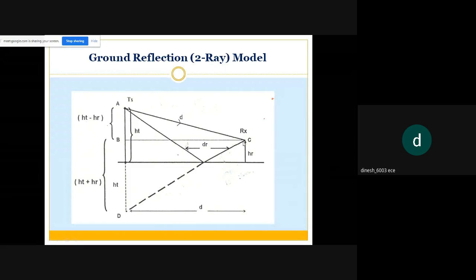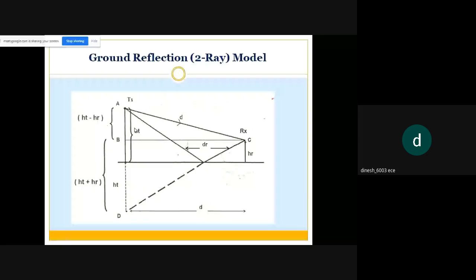If HR is the distance, which is always less than HT, you find the point using the Pythagoras theorem. Now, drawing a line equivalent to this, this will become HR. This is side D. This is the model, so angle BC.